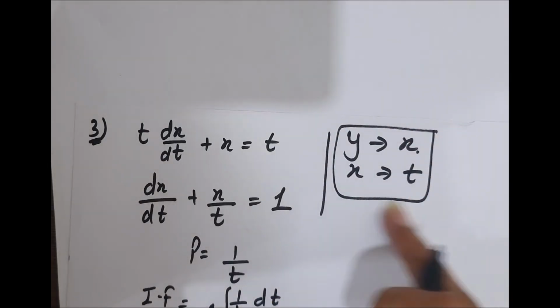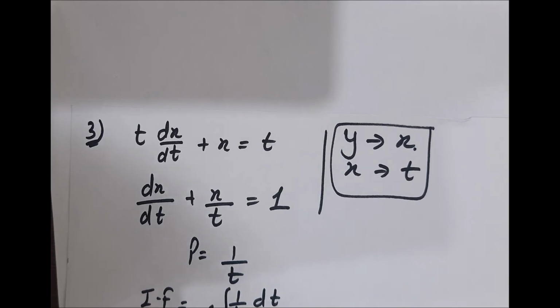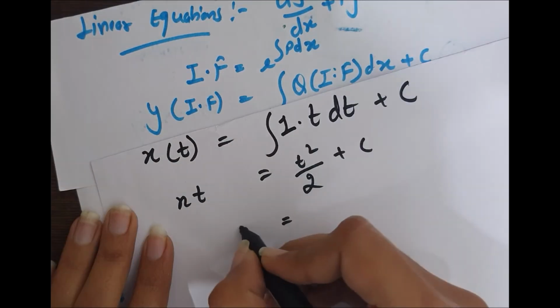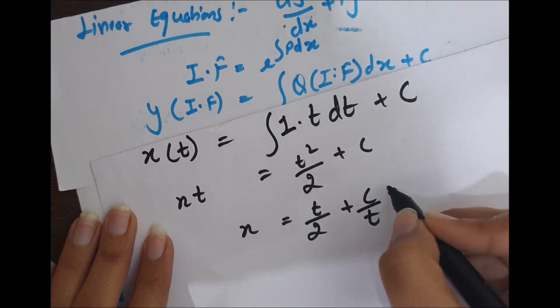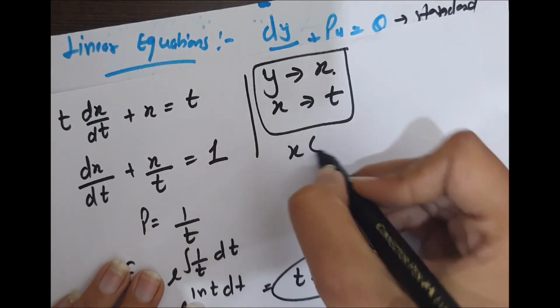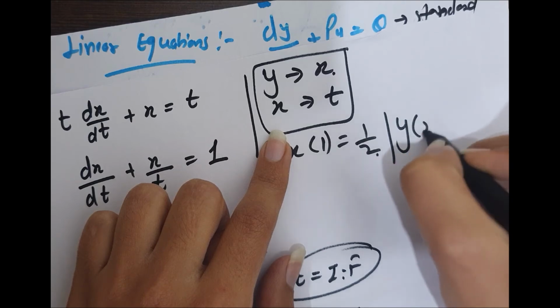Here if the equation is not in standard form, then write it like this, then you will not get confused later. Here it would be t square by t. Here its solution comes out to be this. If initial conditions are given, here x(1) is equal to half, compare it with this.